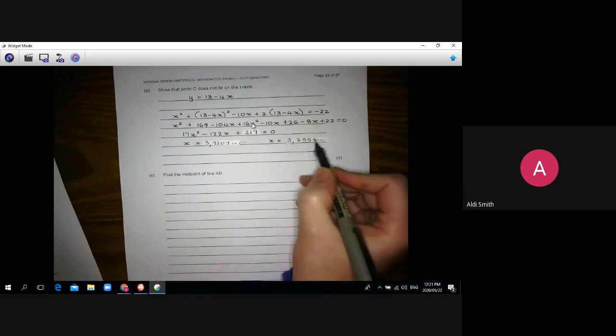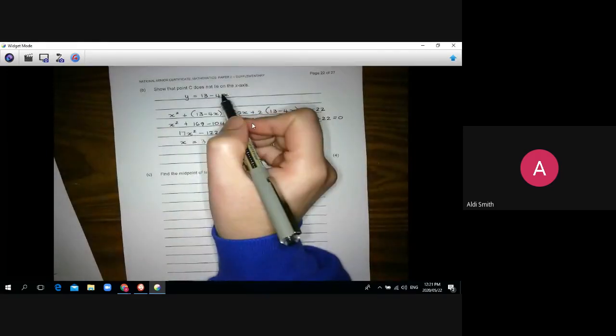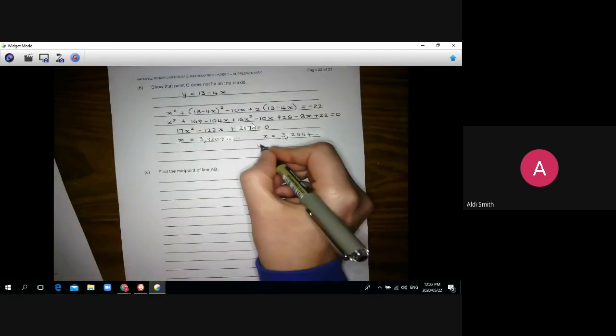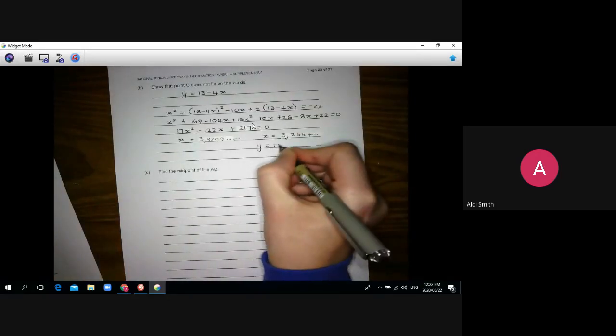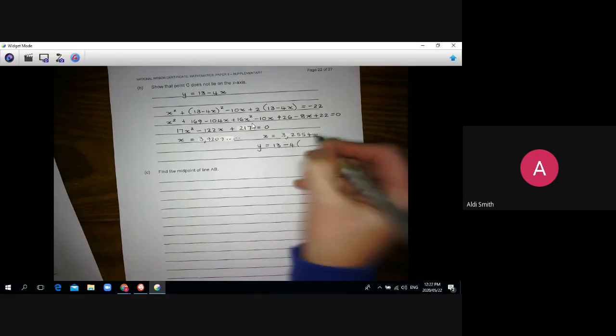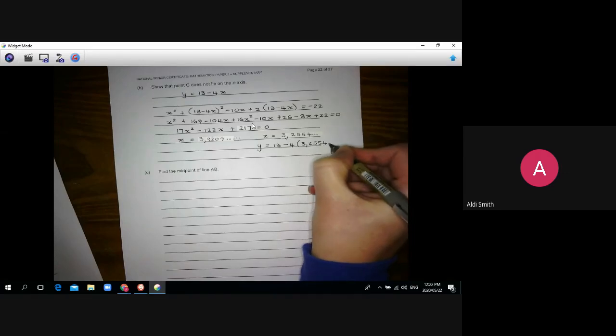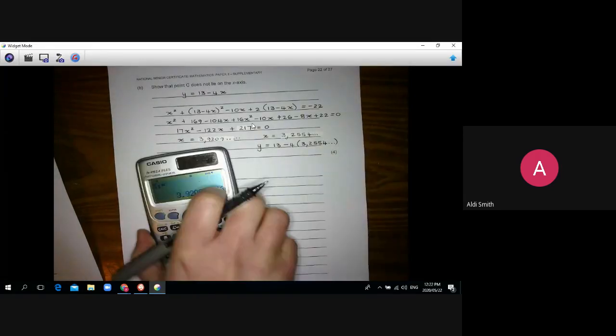So I'm going to sub that back into my straight line to get the y coordinate, because what we are trying to prove is that it's not a point on the x-axis, which means the y coordinate should not be equal to 0. So if I sub this in, y is equal to 13 minus 4 times that, and I did write quite a few decimals down, so that should be fairly accurate.